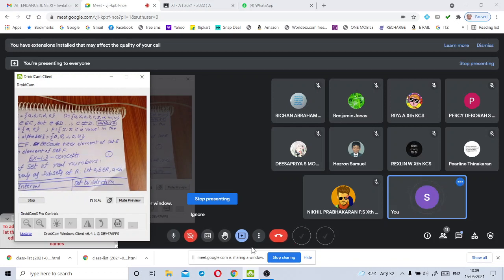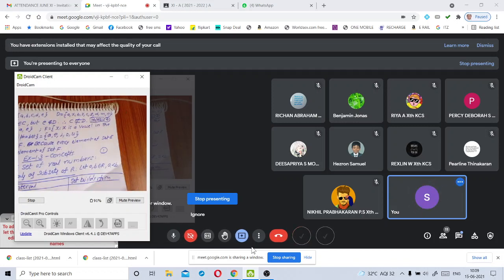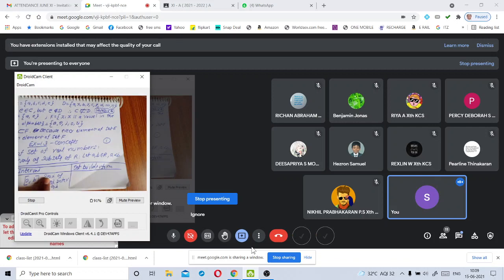Then we write this, the first interval. This is read as closed interval A B. Square brackets are used to denote a closed interval. Closed interval A comma B.